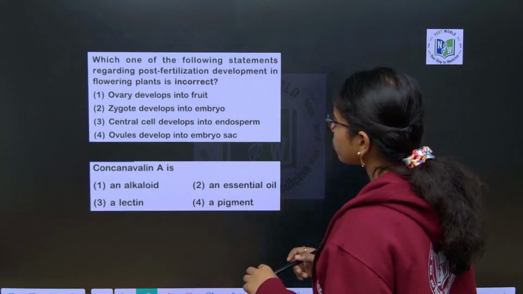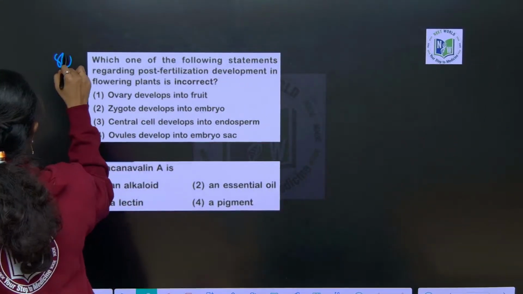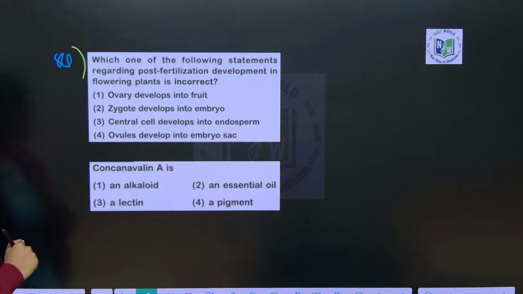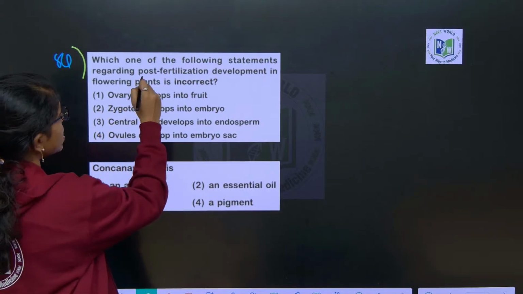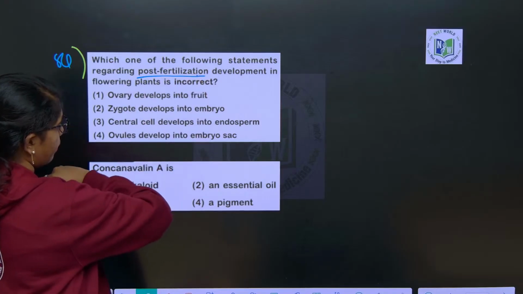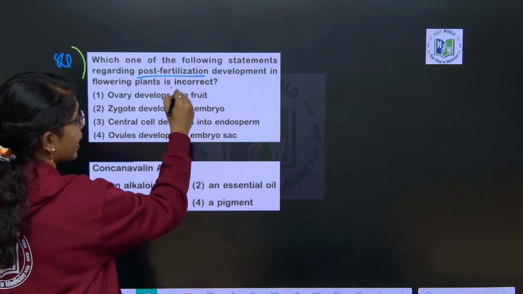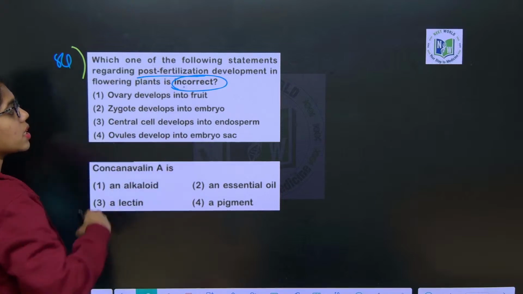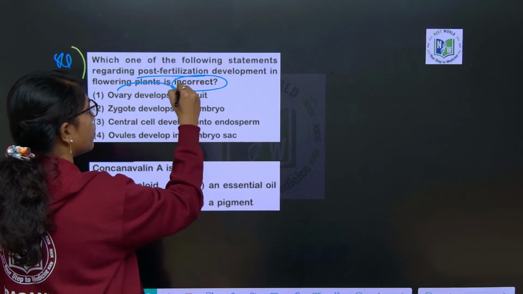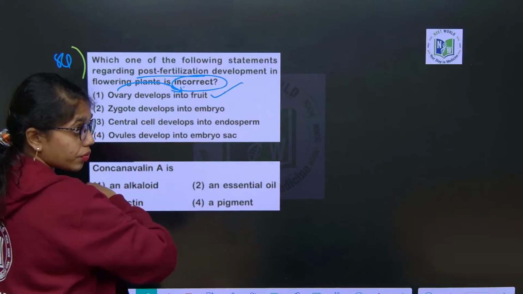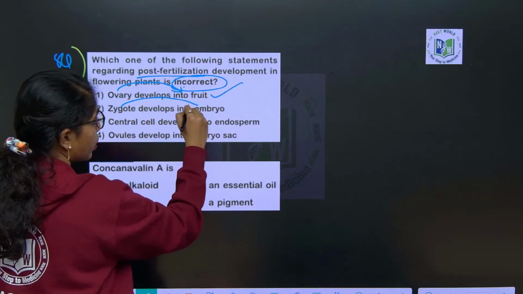Next, here if you see, this is from sexual reproduction of flowering plants, wherein he asks which of the following statements regarding post fertilization development in flowering plants, again is incorrect. Incorrect statement he is asking you. Ovary post fertilization will turn into fruit. This is a post fertilization event. Zygote will turn to an embryo.